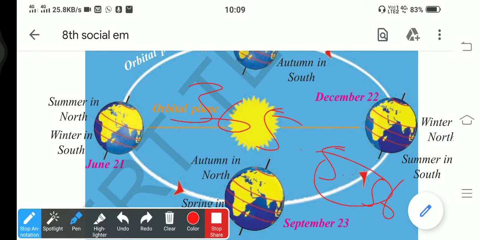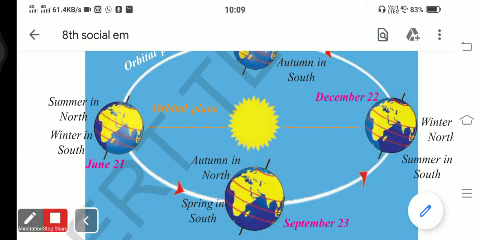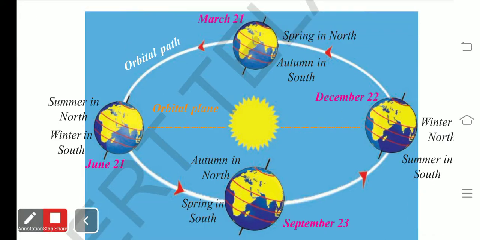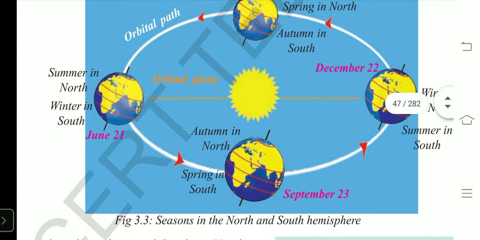This is about one-fourth of a day extra. To complete one revolution, it takes 365 days and 5 hours 56 minutes. That is the length of the year of the Earth. So this causes the seasons.